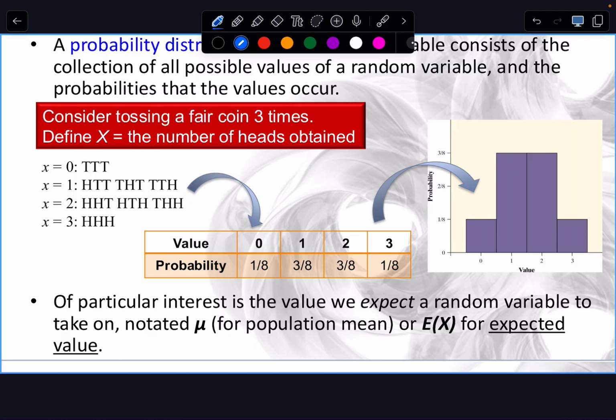Where's the center of the graph? It's not a trick question. It's perfectly symmetric. Where's the center of the graph?